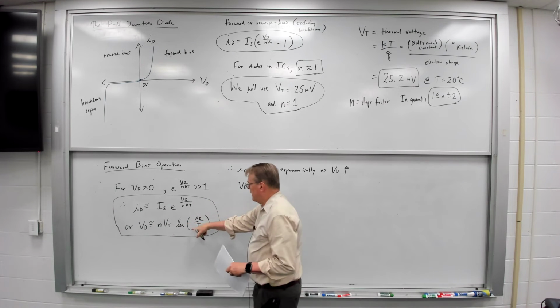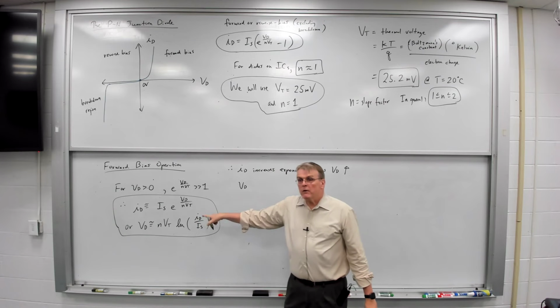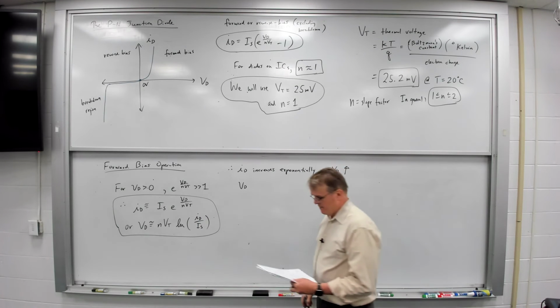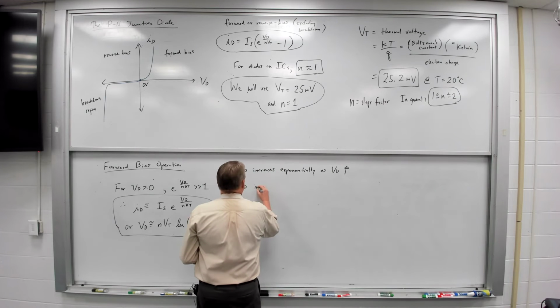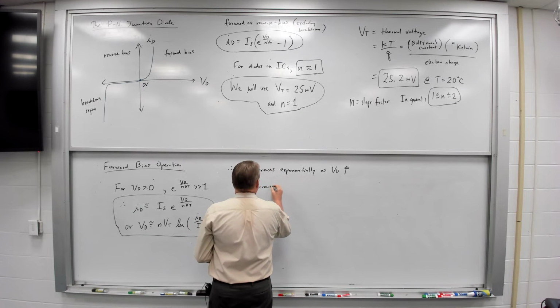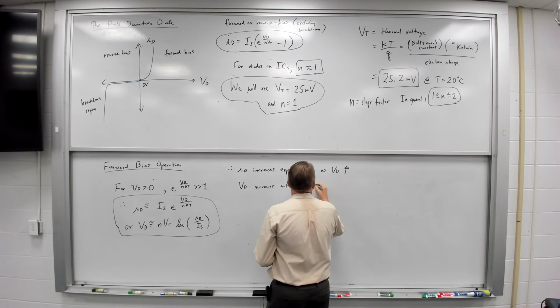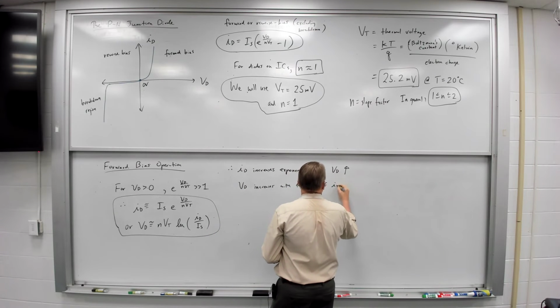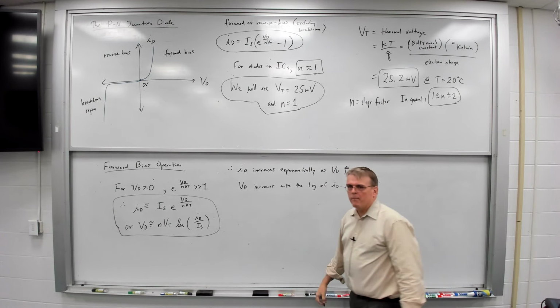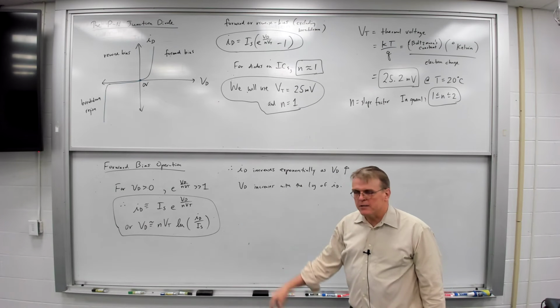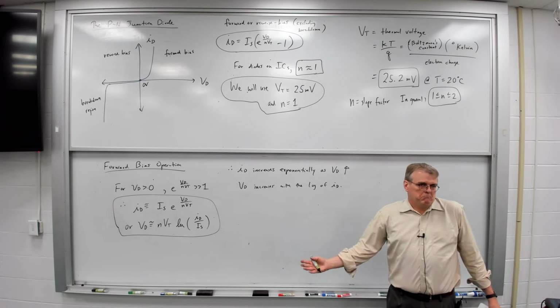Vd, on the other hand, increases with the log of the current that is flowing through the diode. So it's a simple exponential equation, rewritten in this case in log form for the voltage.